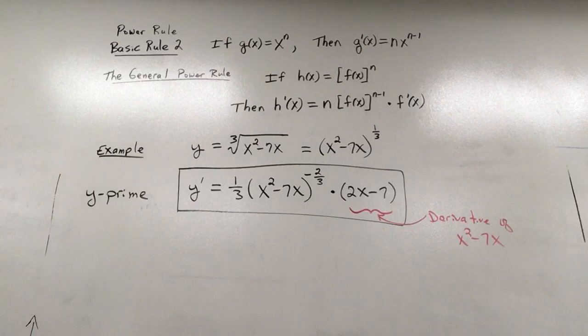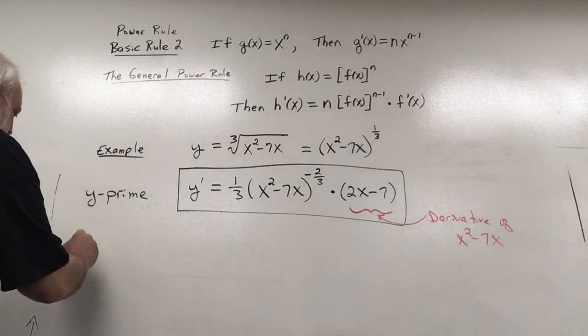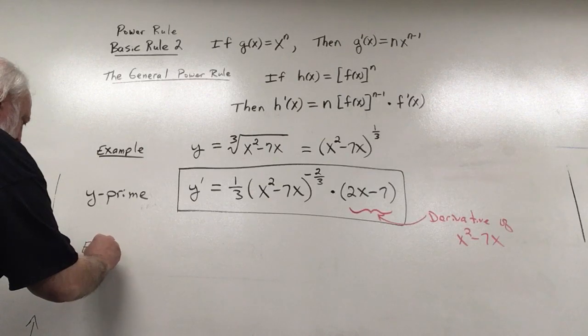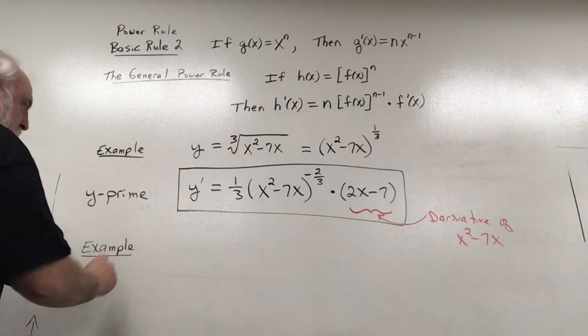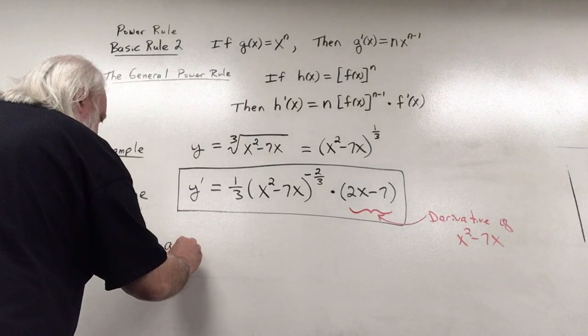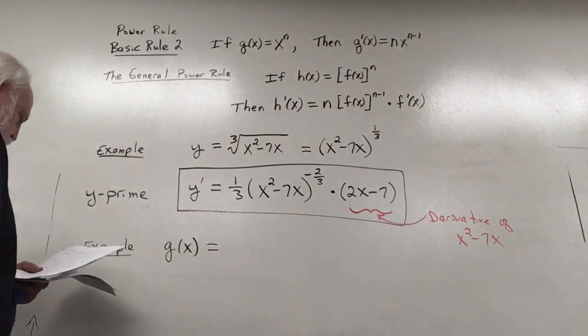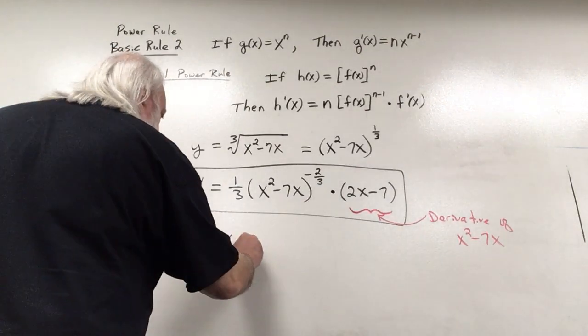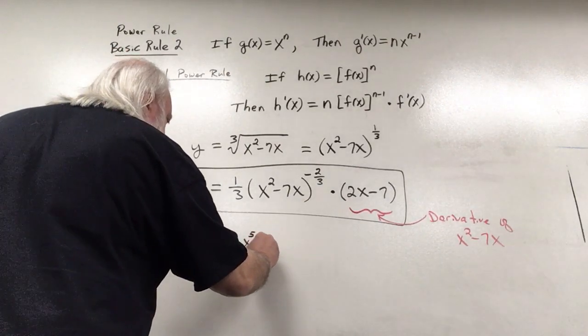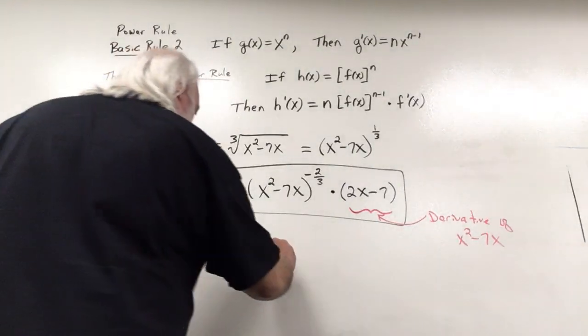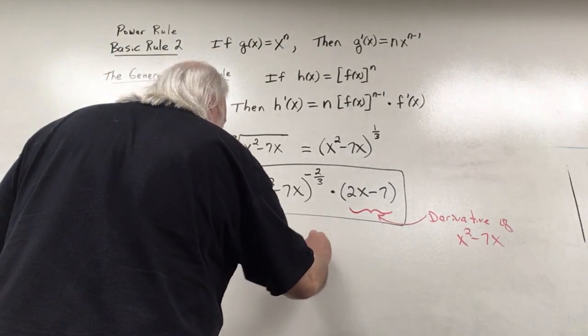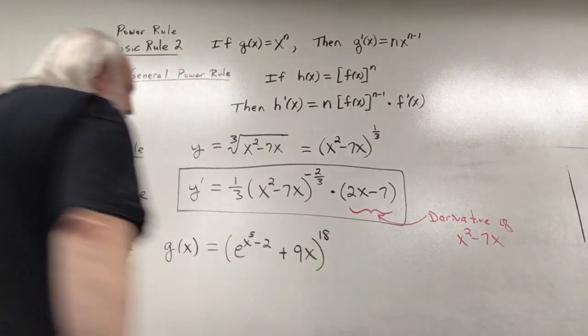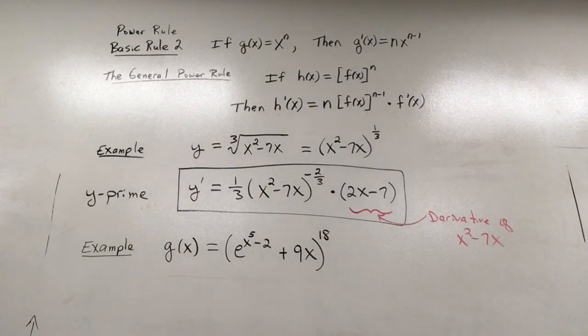All right, in the next example, we have g of x equal to e, the quantity e raised to the x to the 5th minus 2 power, plus 9x, and that sum raised to the 18th power.